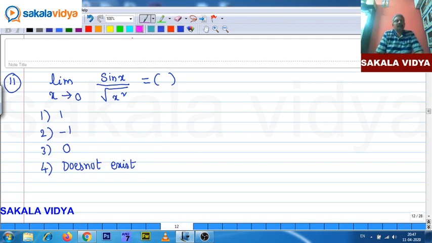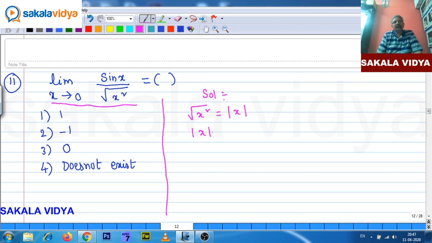See, the limit x approaches to 0 sin x by root of x square. Here we have one concept to be addressed. The root of x square is equal to mod x. The definition of mod x is x when x is greater than or equal to 0, and minus x when x is less than 0, or even mod x is the maximum of minus x comma x. You can remember this also.